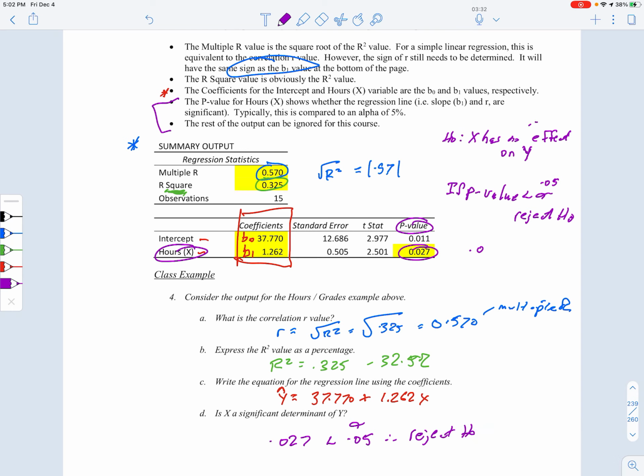I'm not interested again in whether you know the hypotheses here, but basically a low p-value means that x is significant at explaining y.